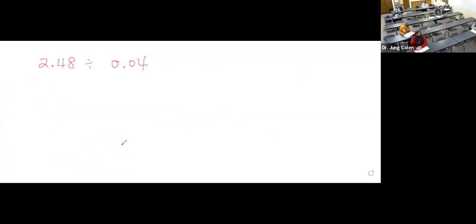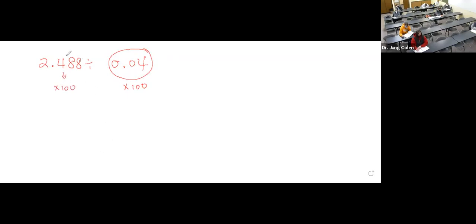If we're going to do this one, how would you solve it? Let's put another number like this. How would you solve this? You can just change the divisor into the whole number. In order to do that, you need to multiply this by 100, right? But to make it the same, you need to multiply this by 100 as well.